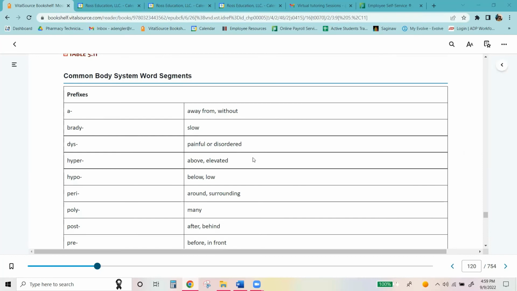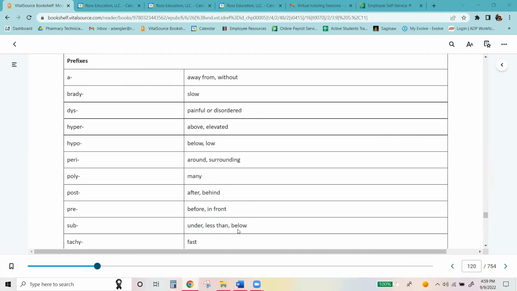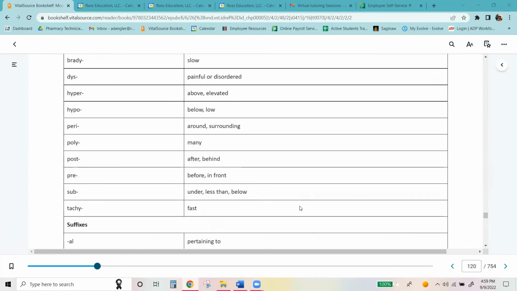Hyper is always going to be above or elevated. Slow is brady. Hypo is below or low. Peri is around or surrounding. Post is after or behind. Pre, before, in front. Sub means under, less than, below.